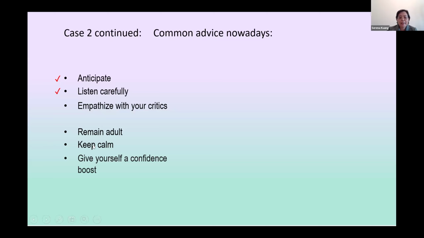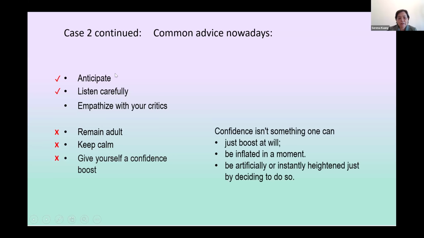Keep calm, indicating adults are unable to keep calm when facing criticism. Give yourself a confidence boost. These are all self-deceptive, but this is such common advice everywhere.